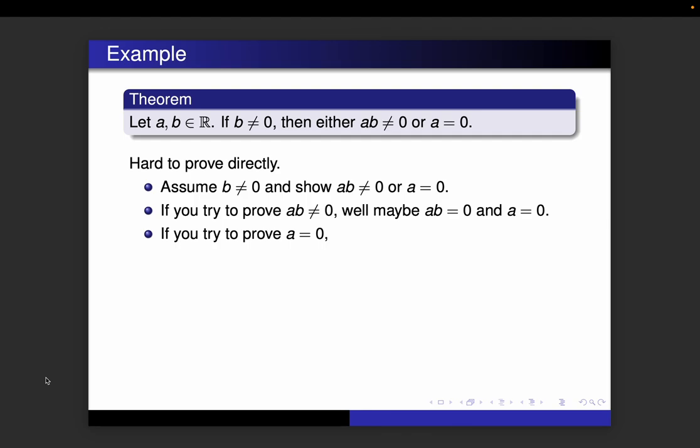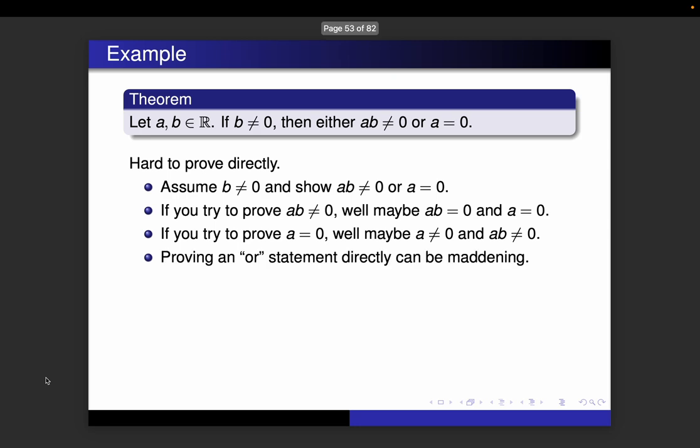What if I try to prove A is equal to 0? Well, then it might switch back and say, well, maybe A is not equal to 0, but AB is also not equal to 0. So every time you try to prove one of those statements in the OR, maybe that one's false and the other one's true. So in general, proving an OR statement directly can be very maddening.